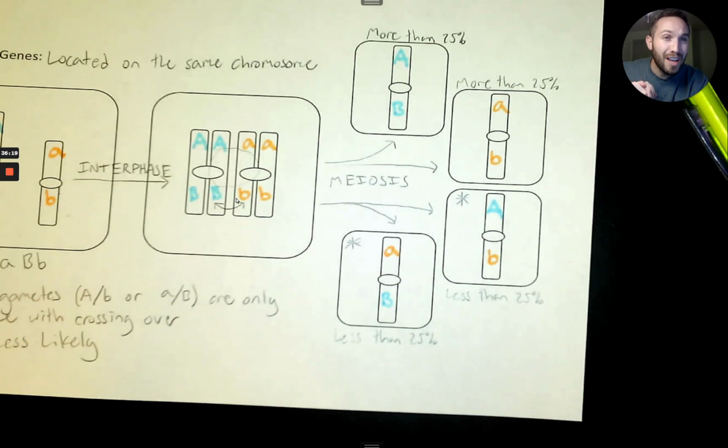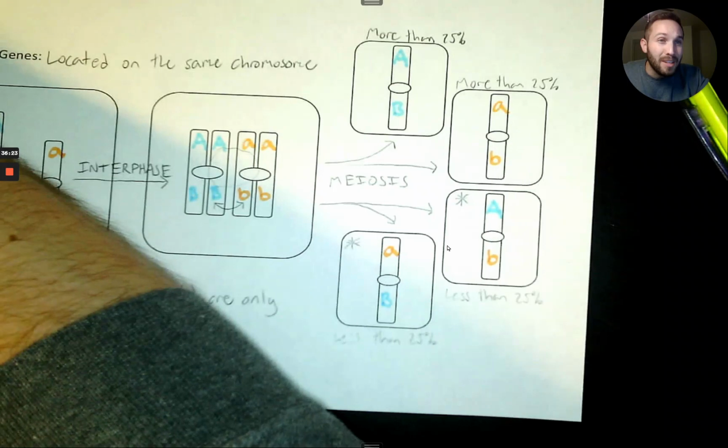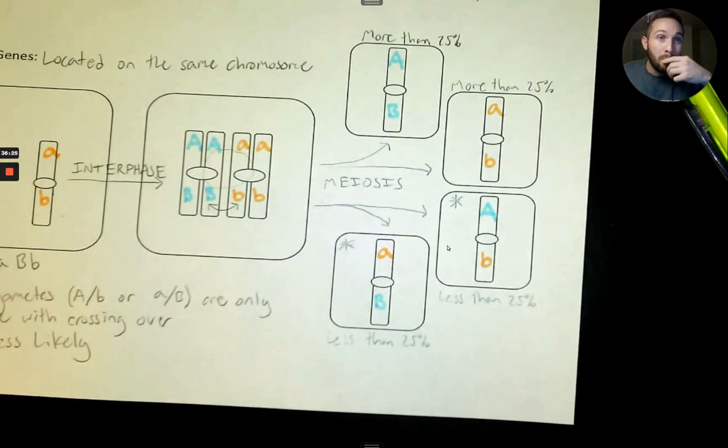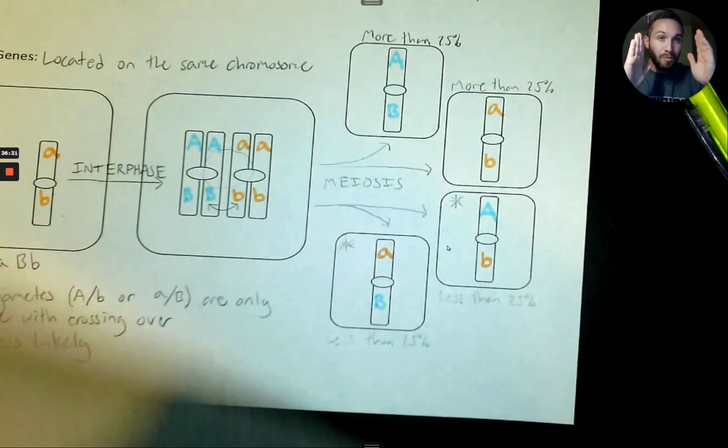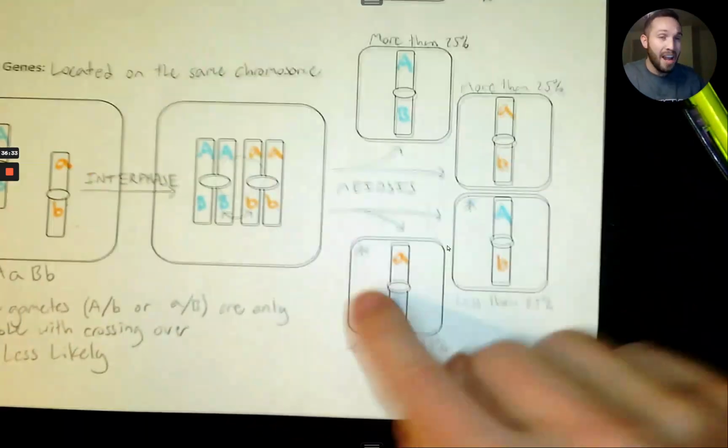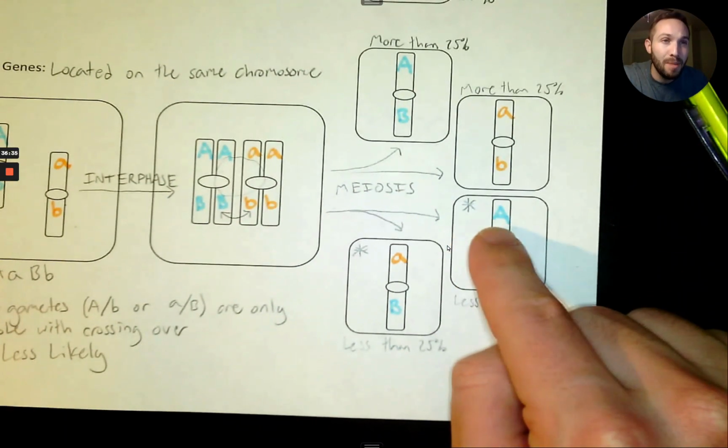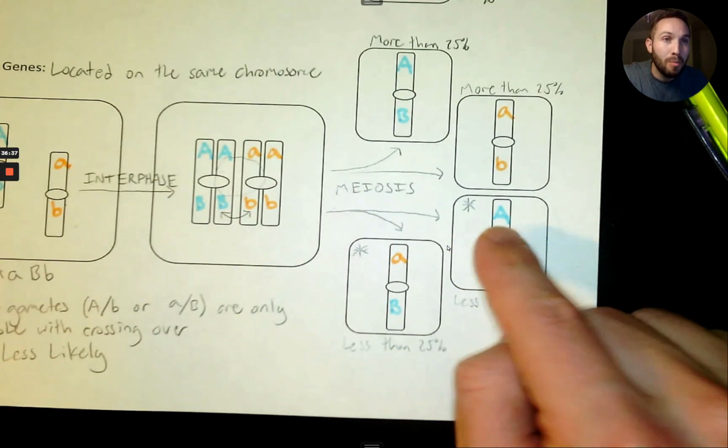You're going to have less offspring produced that are created from these gametes. But the opposite is true also. The further away the genes are, the more likely crossing over is going to happen, which is going to make these gametes and these recombinant phenotypes in the offspring more popular.